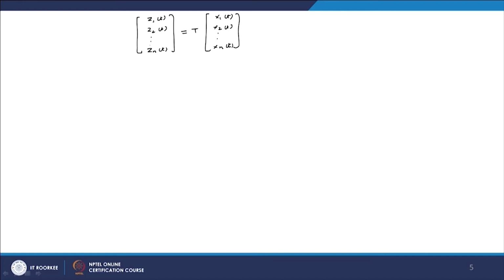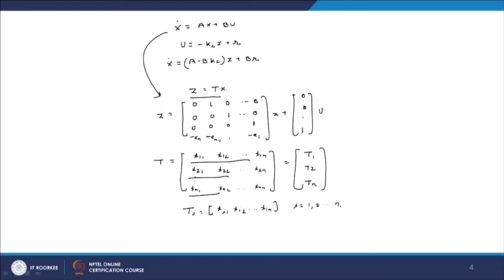Now, what we will do, we will take the first state z1 of t. So, z1 of t we can write down using T as a transformation matrix, that is T11, T12, T1n.